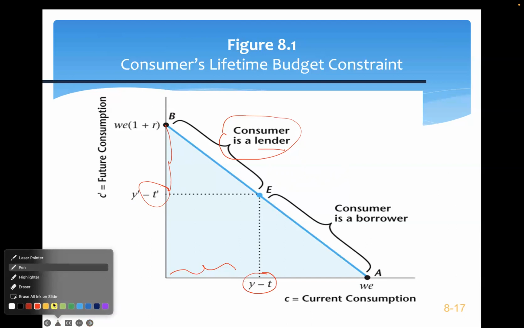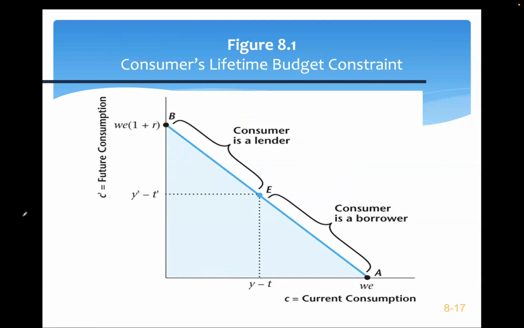And similarly, if we look at the other part, if you're in this region, then you're a borrower. Why a borrower? Today you're going to consume more than you have, and for tomorrow you're going to consume less than you have. So you consume more than you have today, and in order to fund that extra consumption, you must borrow.